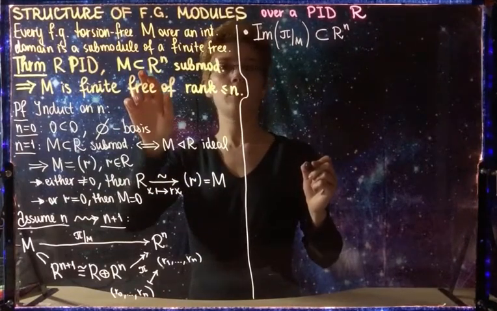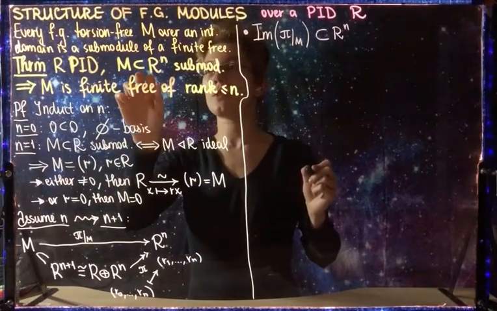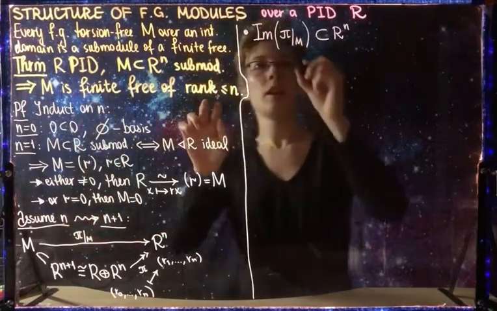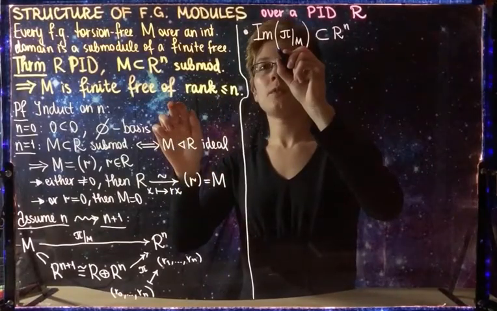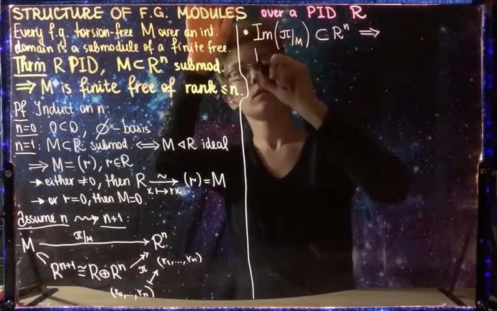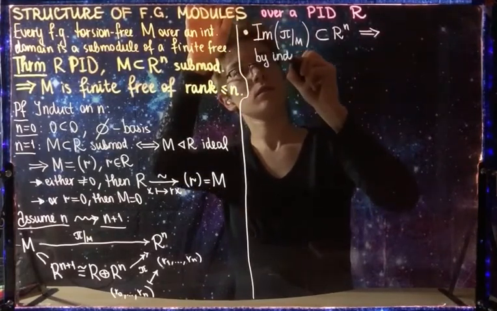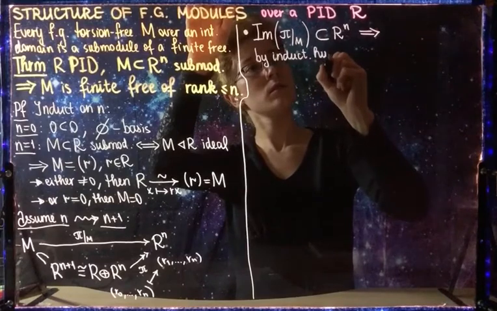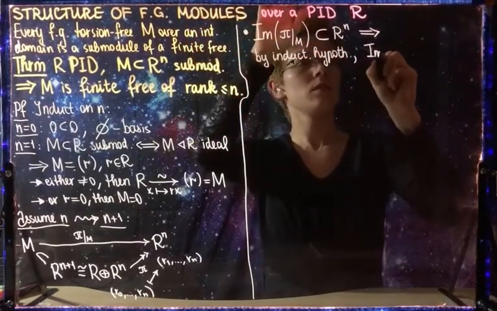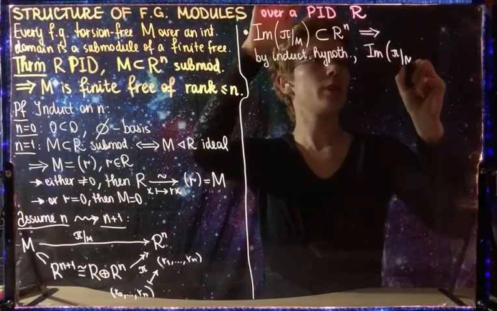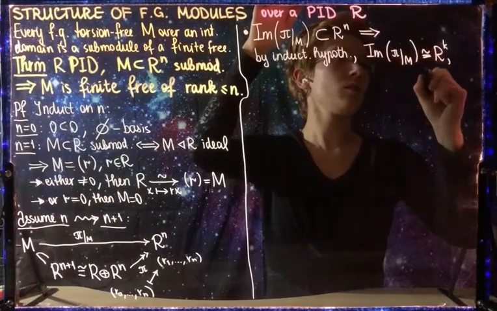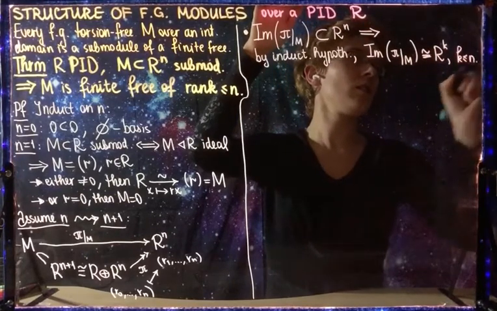So we are in the assumptions of this theorem, and by the induction hypothesis, the image is a finite free module of rank at most n. By the induction hypothesis, the image of pi restricted to M is isomorphic to R^k for some k not greater than n.